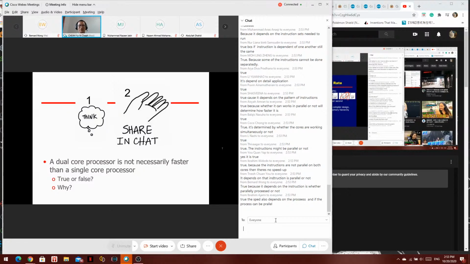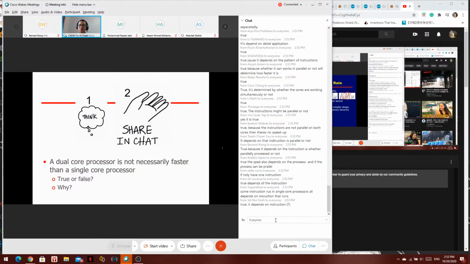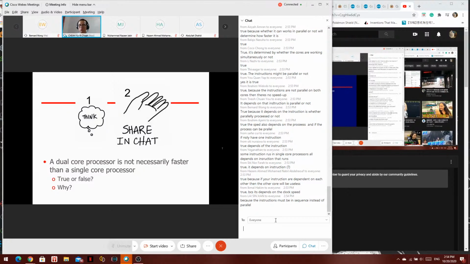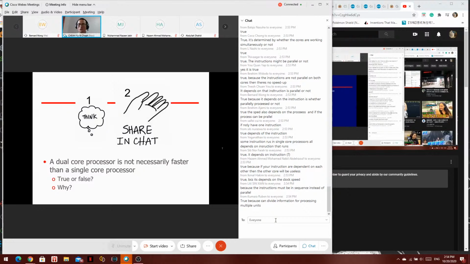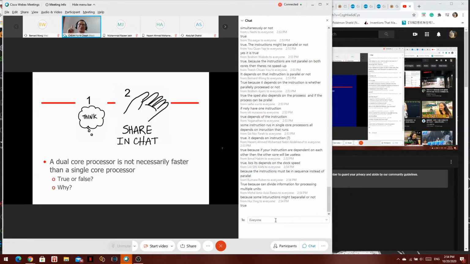Some extreme situations can also be true. Let's say we have a dual core machine, and it is a very slow dual core machine, but your single core processor is a very fast single core processor. In those cases, it might also be true that your single core processor is still faster than your slow dual core processor.